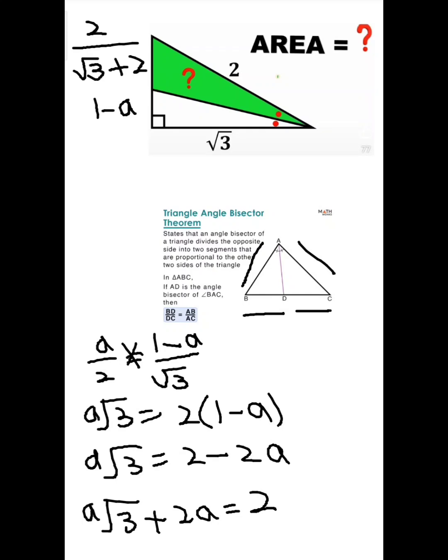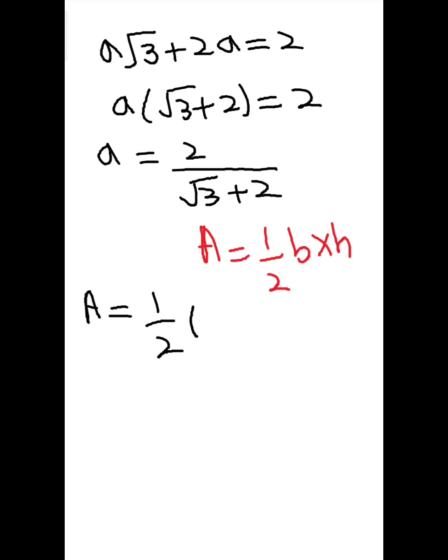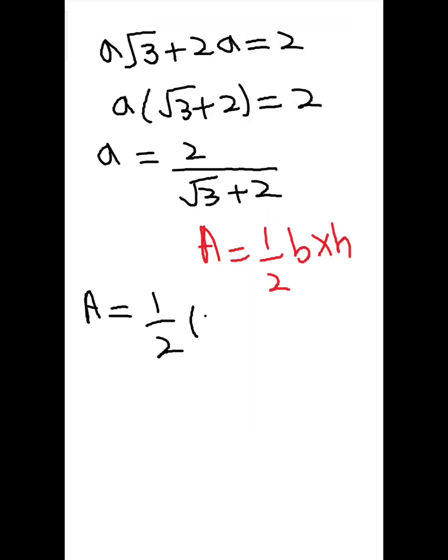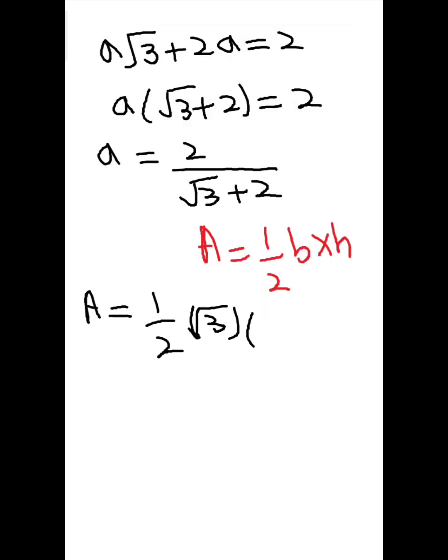Now we have all three sides of the triangle. According to our formula, area is equal to 1/2 times B times H. So we can write area is equal to 1/2 times B, which is square root 3, times height, which is 2 over square root 3 plus 2.